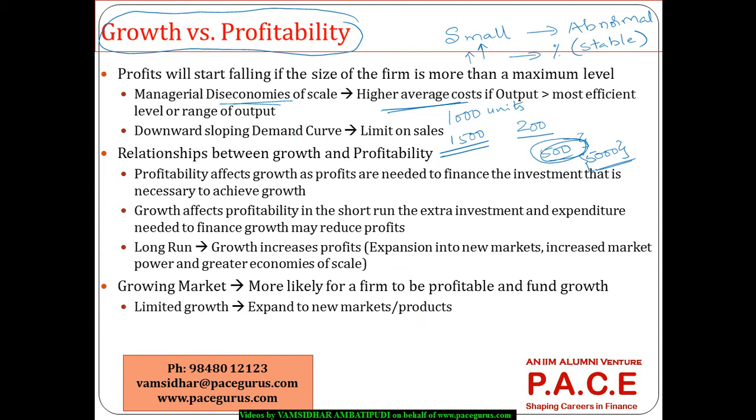And at the same time, we know that the demand curve is sloping downwards, which means I can't sell as easily. If my target was 1000 units, I could have sold quite comfortably. But if I have to produce 1500 units and sell 1500 units, I may have to eat into the market share of my competitor, and that may result in a reduction in the price.